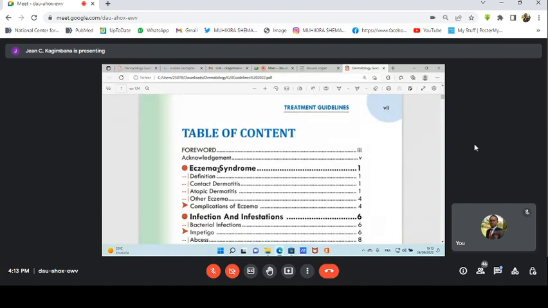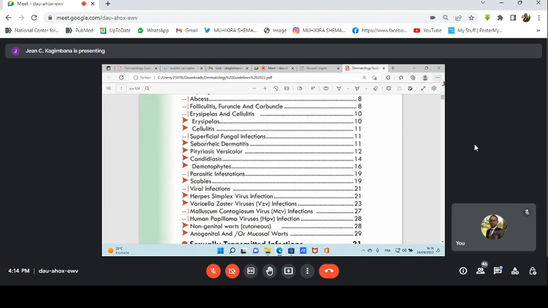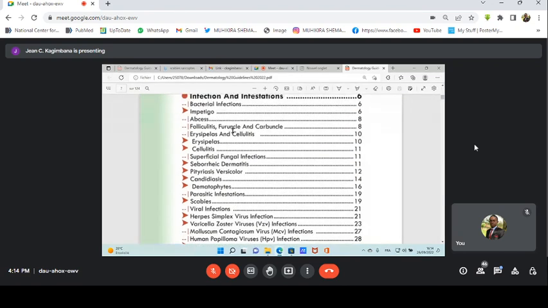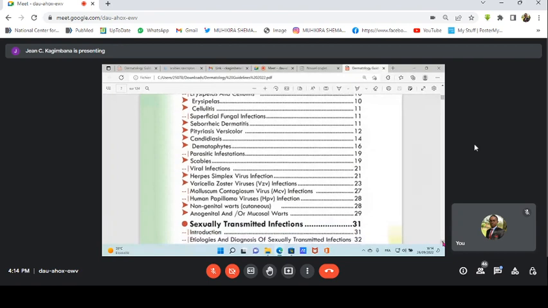You see the type of content: definition, contact dermatitis, atopic dermatitis, other eczema and complications of eczema. It's concise and friendly to read. And when you go to bacteria, you have many sub-chapters covered. You also have scabies and viral infection.